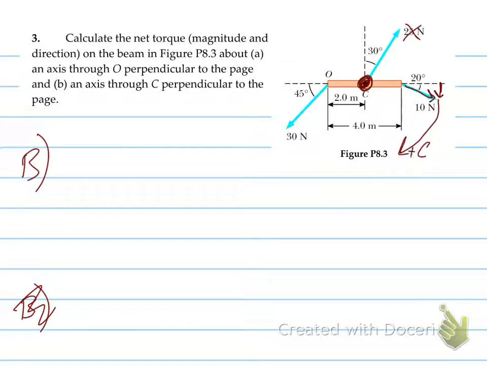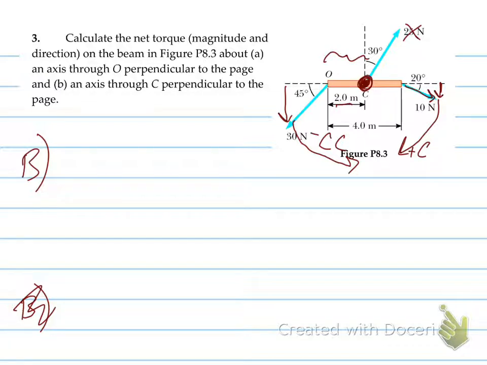So we're going to say that that's a positive torque. Our force at O is now at a distance away from the point of rotation, our point C, and so it's going to cause torque. We need that part that is perpendicular to the beam, and it's at this distance of 2 meters. It would cause it to rotate this way, which would be counterclockwise.